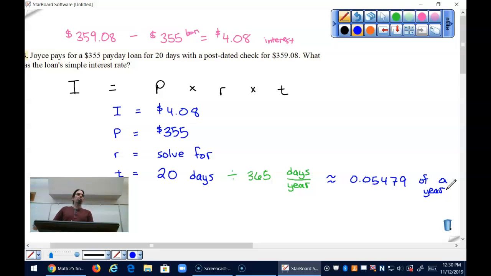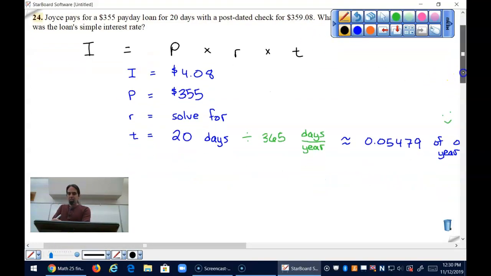Now we're ready to plug things in. We look for years. This one's in years. This one, well, we're solving for it, so we can't fidget with it. Everyone okay with my blue stuff? That's the confusing part. Now I'm just plugging things in.